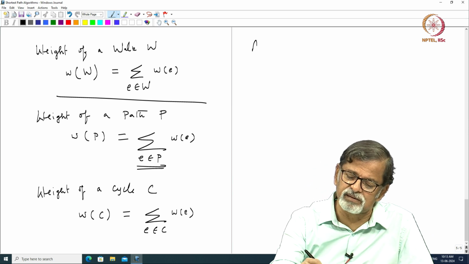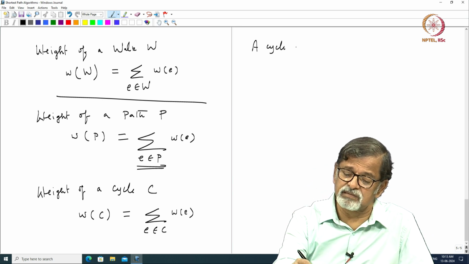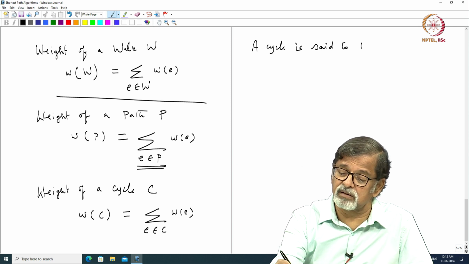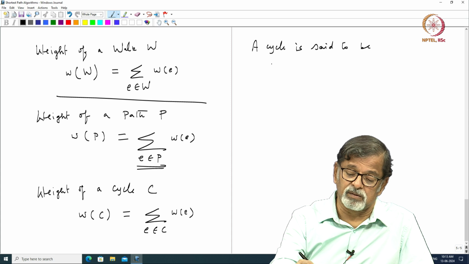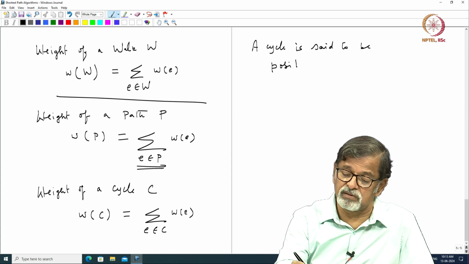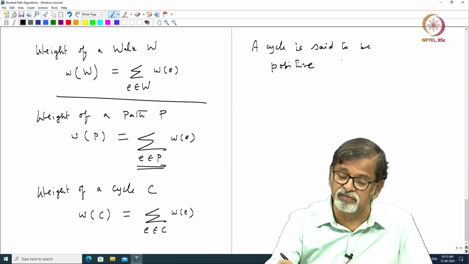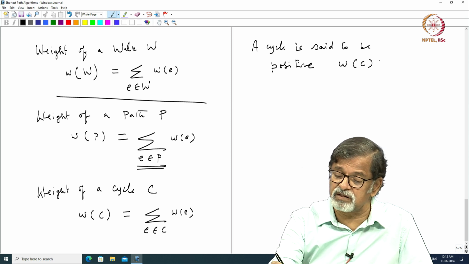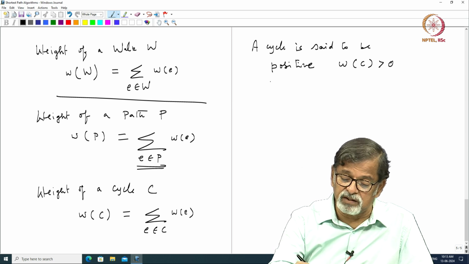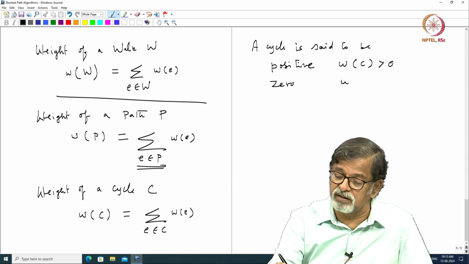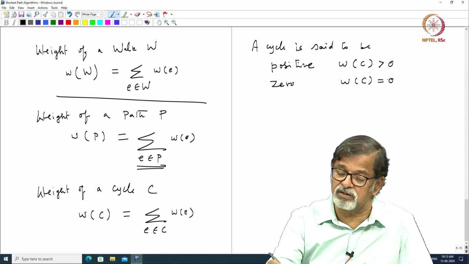A cycle is said to be a positive cycle if weight of C is greater than 0. Is said to be a zero cycle if weight of C is 0.